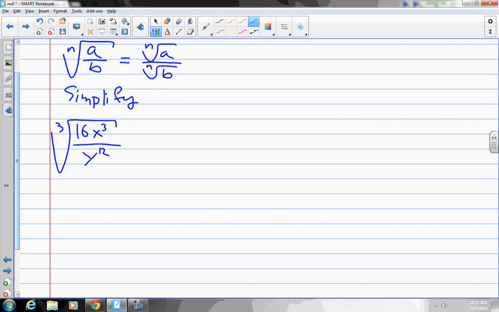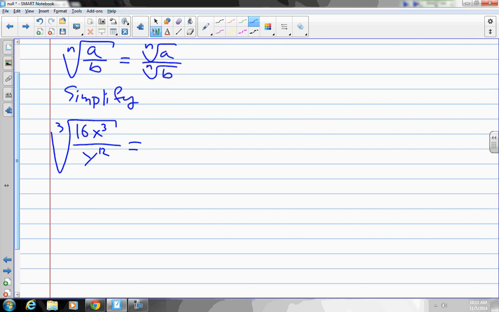So basically it's the same process as with products. You just have to take a cube root of each little part. Here's x cubed, a perfect cube. How about y to the 12th? Yes. How about 16? No. Right.